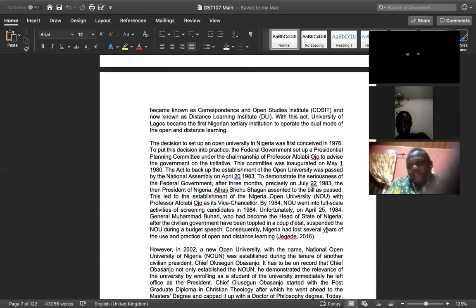Now, as far back as 1977, the federal government of Nigeria had already laid the foundation for an open university, because the policy on education had already stated that there would be an open medium for education.